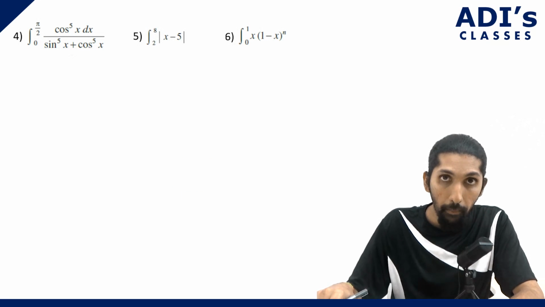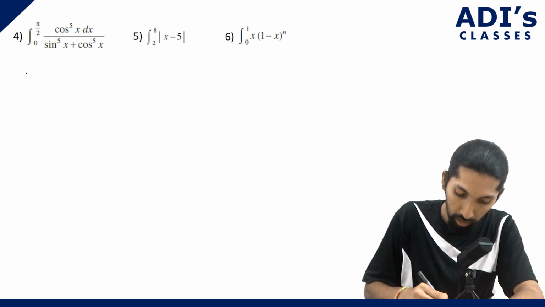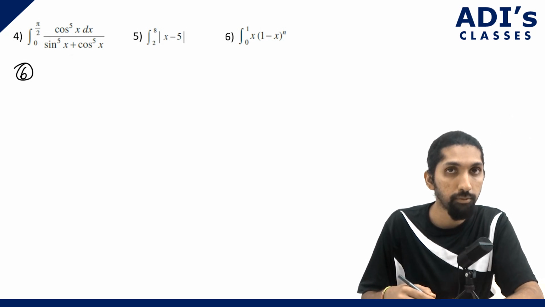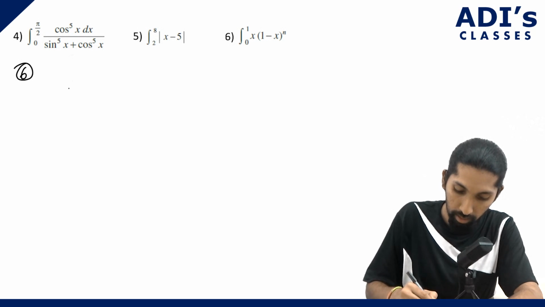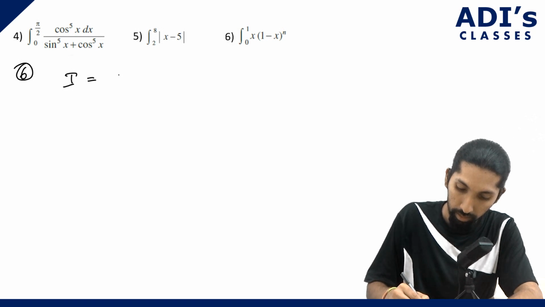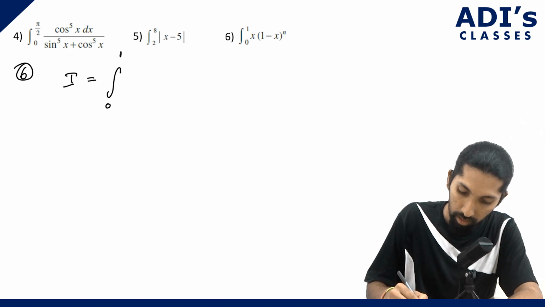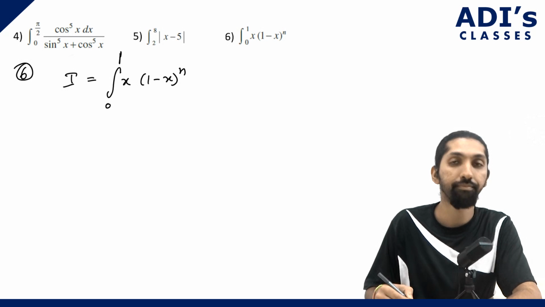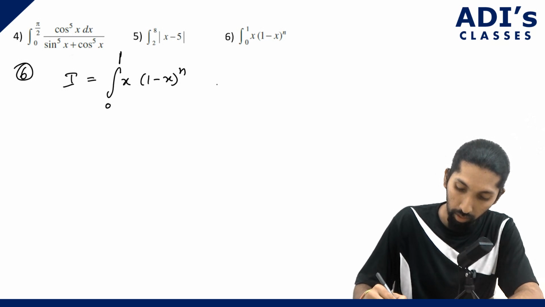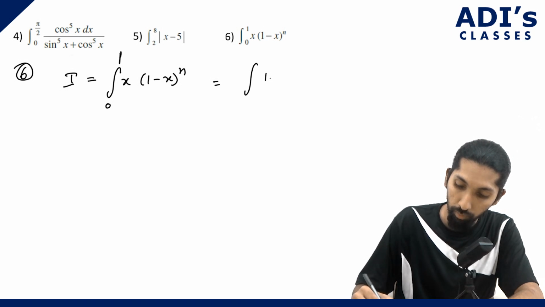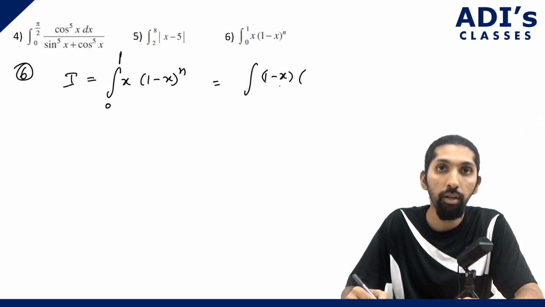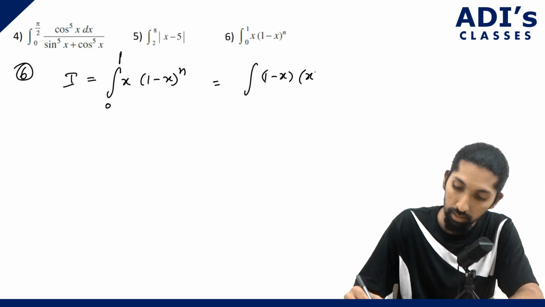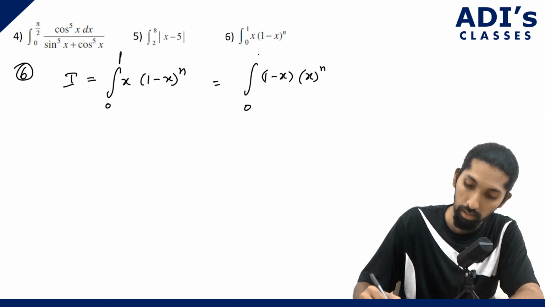See the sixth one. So here we are going to use that a minus x form. Okay. Look at this one. So you have I is equal to integral 0 to 1 x into 1 minus x whole power n. Now this you can also write it as integral 1 minus x, 1 minus of 1 minus x, which is just x. Correct?